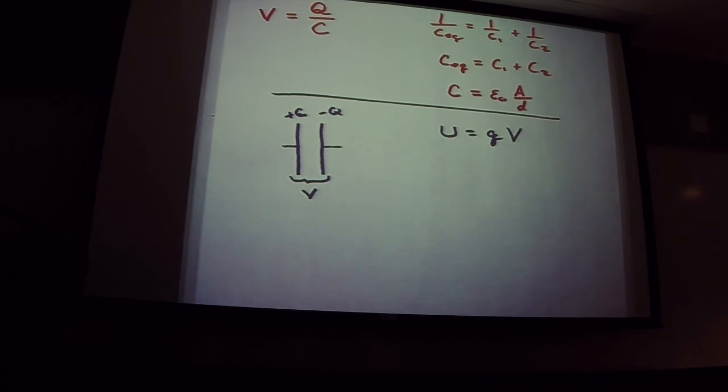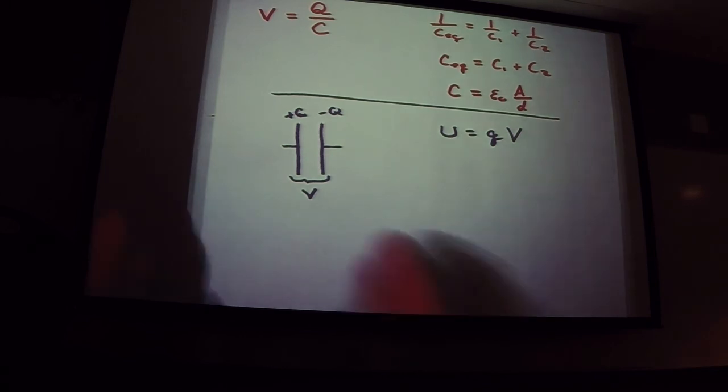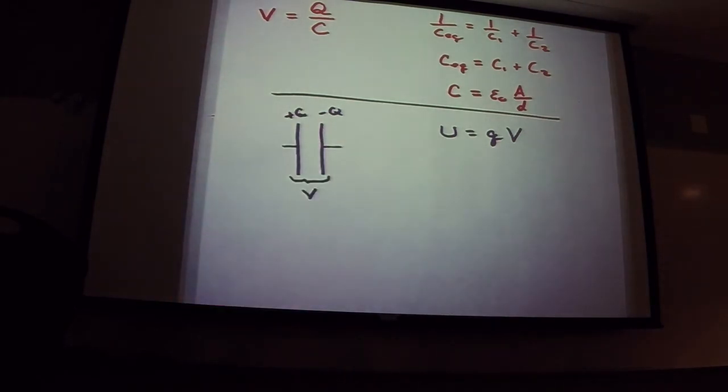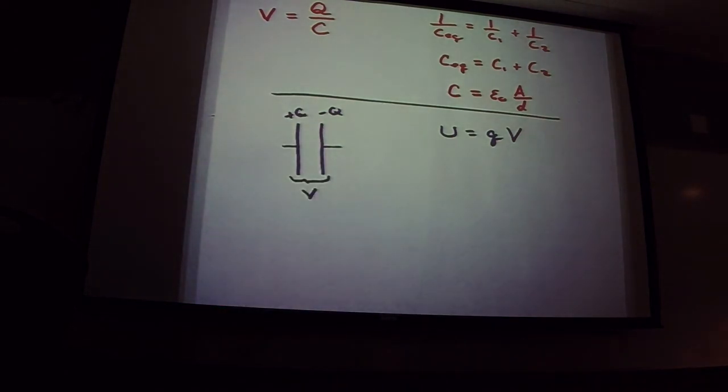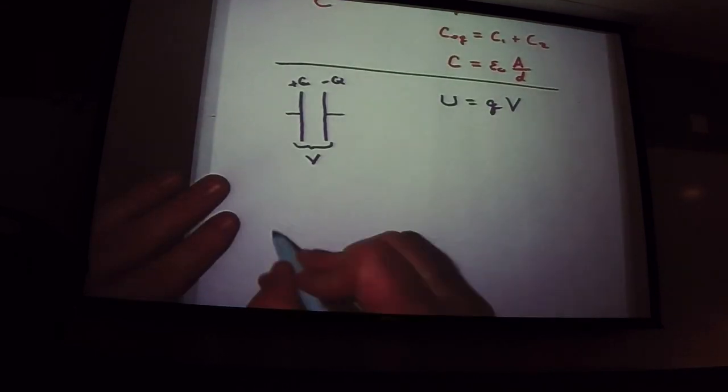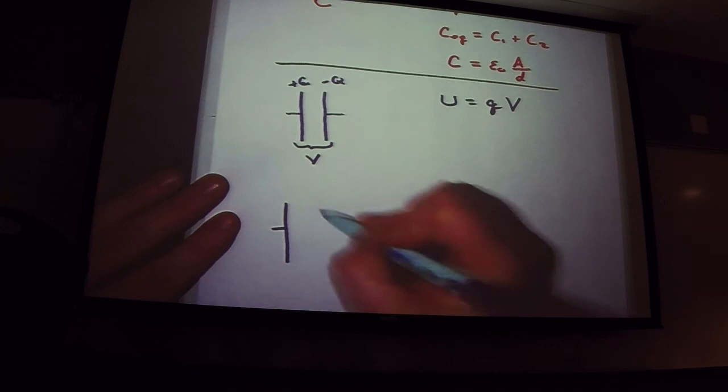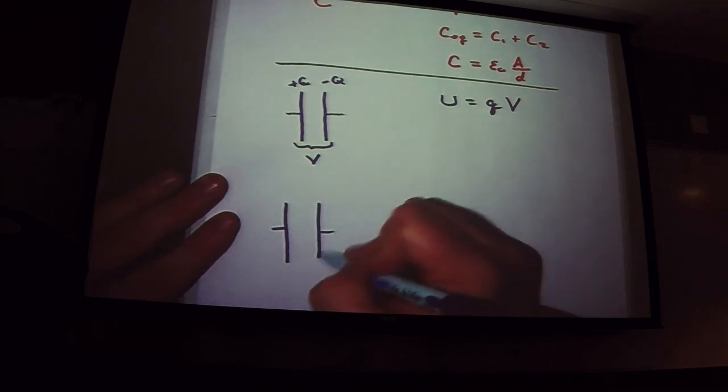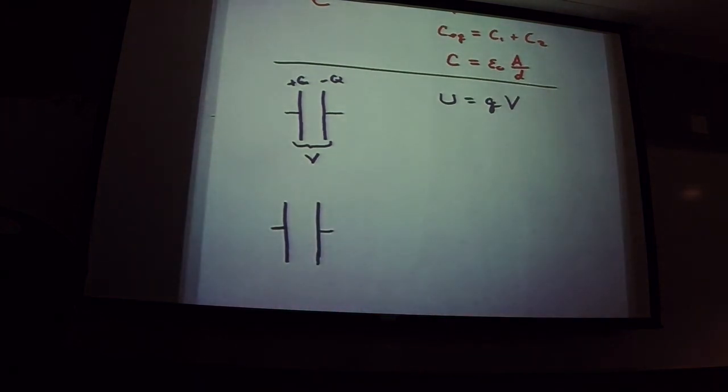However, that would assume that we're taking the entire charge Q and putting it on that plate when the plate is at a voltage V. But that's not the way you charge a capacitor. In reality, we have to take a look at each charge going onto the plates of a capacitor. When the first charge goes onto that plate, there's no voltage across that plate.